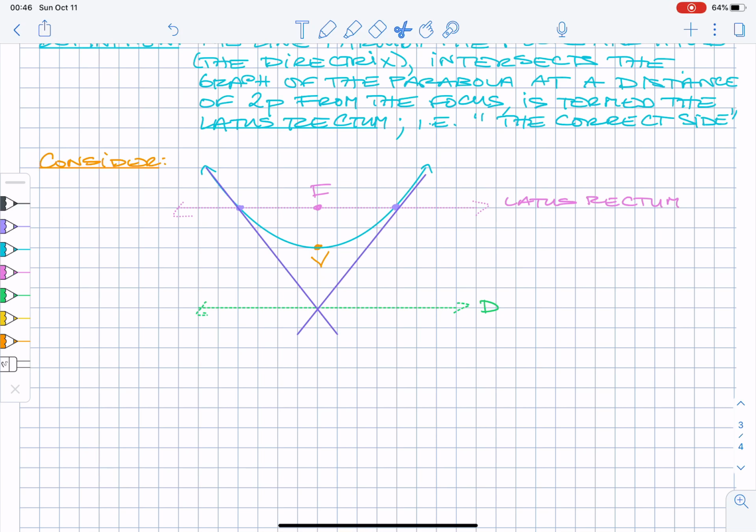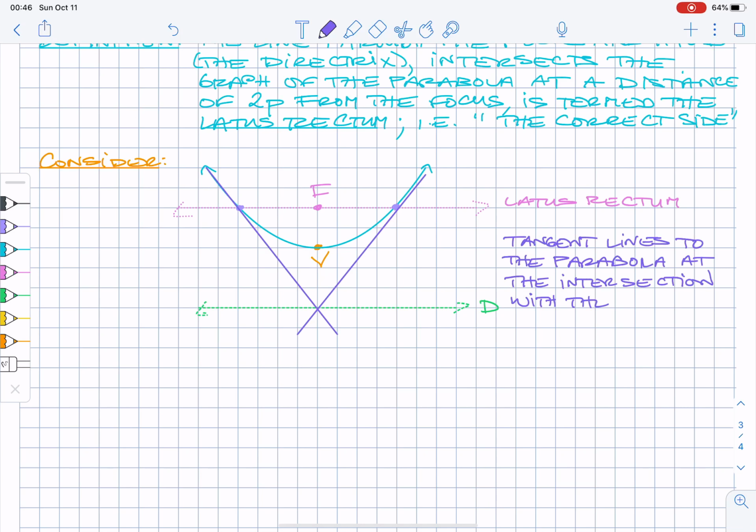Okay, it does not want to work for me, but these tangent lines, meaning touching in one point, to the parabola at the intersections with the latus rectum, intersect on the directrix.